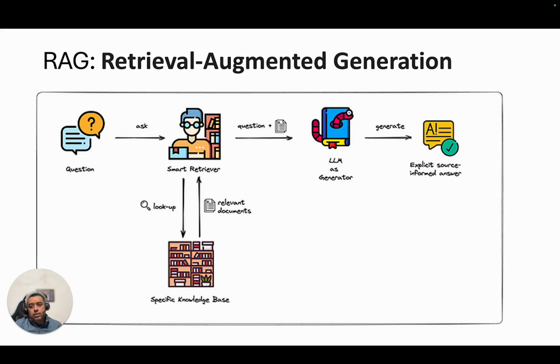If you see here, if we ask any question to our agent, under the RAG model, the agent will look for the relevant document or knowledge base, and from there it will extract the data.